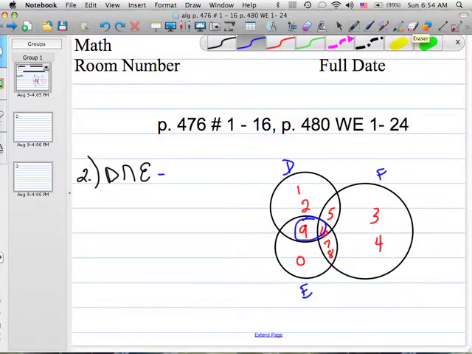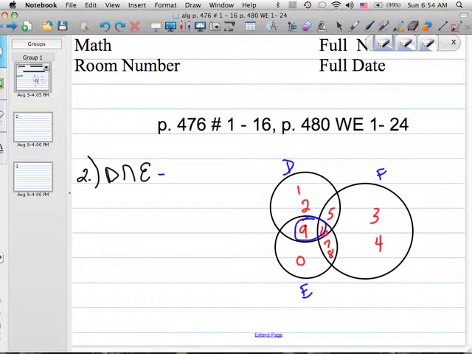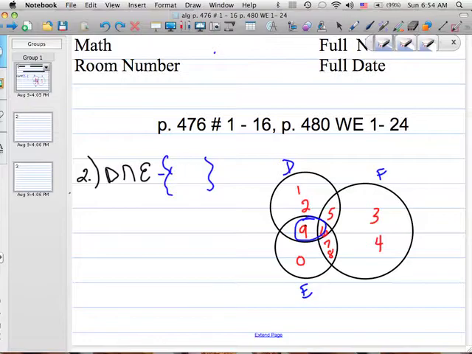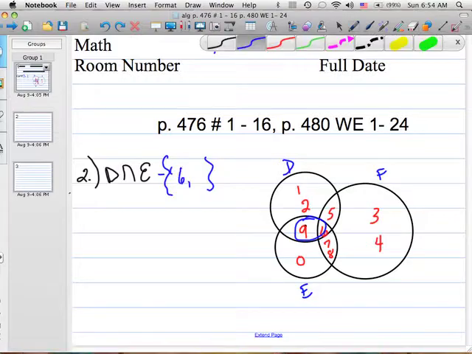Maybe I'll use invisible ink on that one next time. Okay, so we have 9 and 6 as the intersection. And they should be written in numerical order, so we'll put 6 and 9.